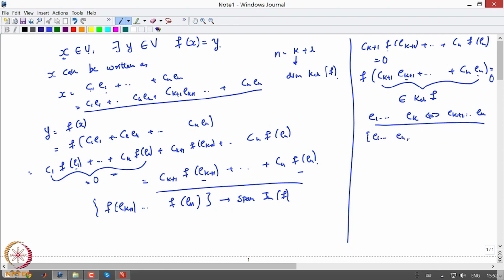So, e_1 till e_k, e_{k+1} till e_n are actually linearly independent, right, and therefore this assumption, that this vector can equate to 0, is a contradiction, because all these e_1 till e_n are the basis of R^n, and thus supposed to be linearly independent.